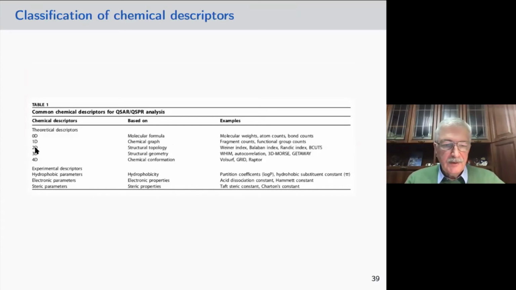And among the so-called two-dimensional descriptors related to structural topology, you can find the Wiener index and other indexes such as the Balaban index, Randic index, and so on. Usually in chemistry they call it an index, but this is just some invariant related to the metric of the graph. So I want to spend a few minutes in discussion of the Wiener index.